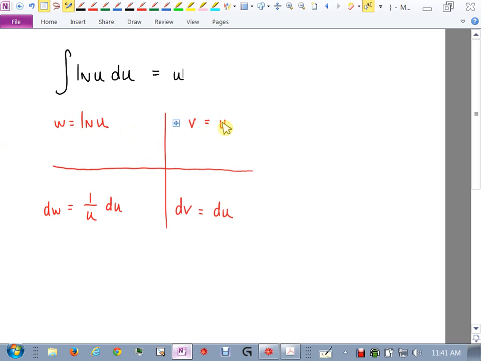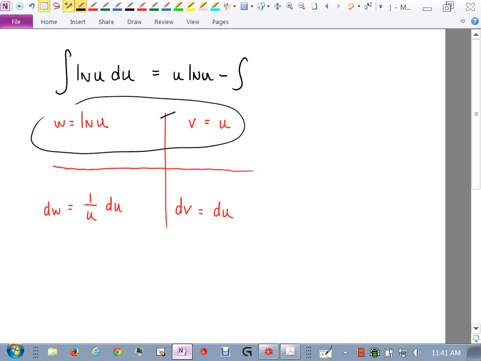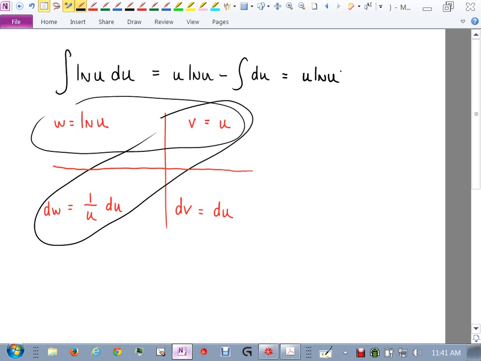It's these two multiplied, minus the integral of these two multiplied. We don't have a cute little saying for it if we're not using u and v anymore. So these two multiplied are what? u ln u, minus the integral. These two multiplied is just du, or 1 du, isn't it? What's the antiderivative of 1 with respect to u? u. So you get u ln u minus u plus a constant.